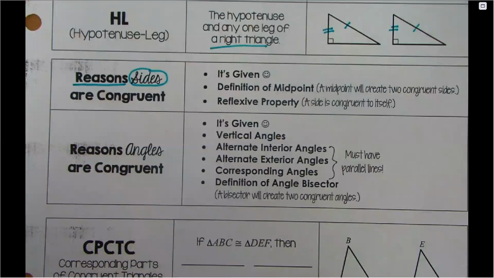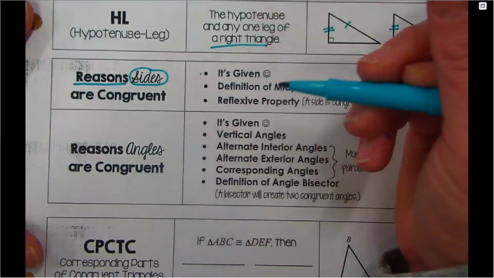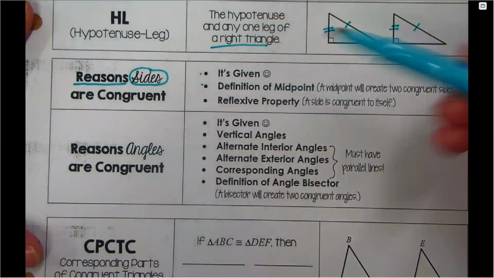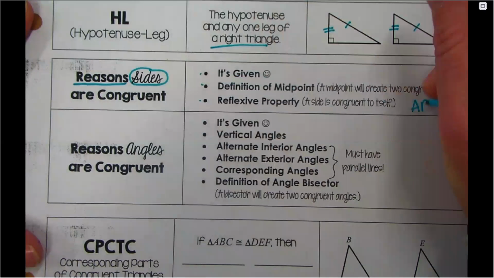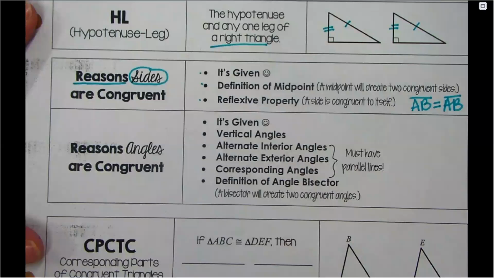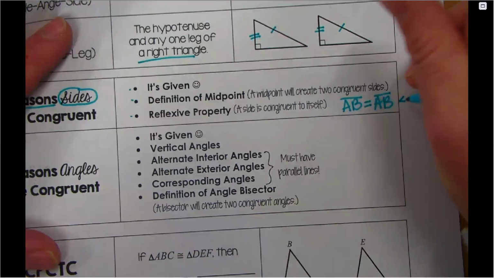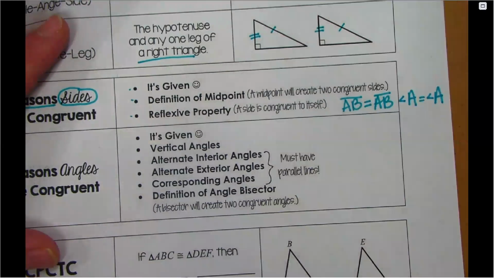Those 3 options are that it's given, that it's the definition of the midpoint, or that it's reflexive. Remember that reflexive is like when it equals itself. So like side AB equals side AB. That's going to be your reflexive. Or angle A equals angle A. That's reflexive. Or it could even be the congruency statement.